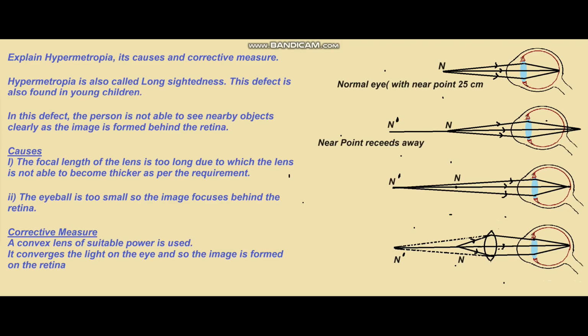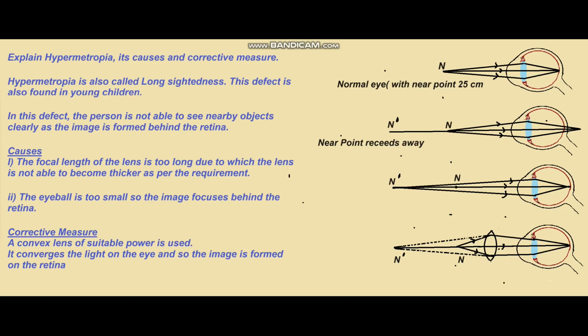Now, the third diagram also shows that the near point of this eye has receded away. Let us now understand the causes of hypermetropia. The first cause is the focal length of the eye lens is too long, which means the lens is not able to become thicker as required to focus the nearby objects.